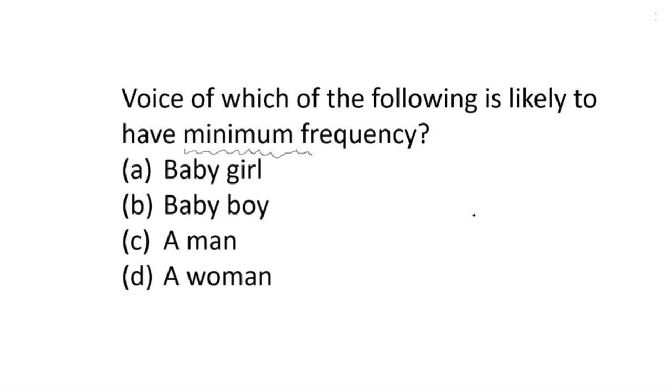What is asked here is we have to pick the option which has minimum frequency, right? Now what we have learnt in this video, among baby girl, baby boy, man and woman, who has more frequency? Just recall. And I will give you a hint. More frequency is more vibration.